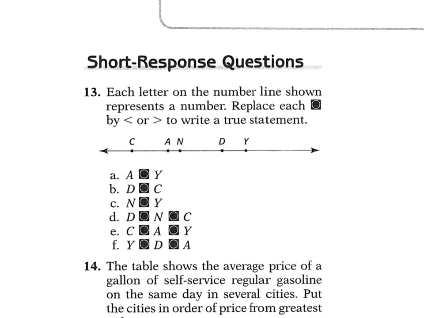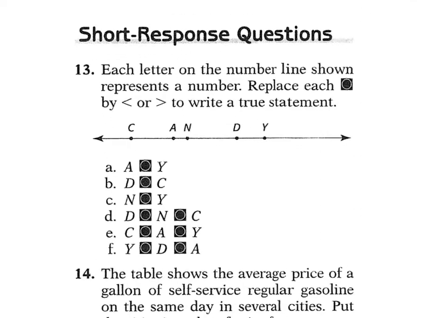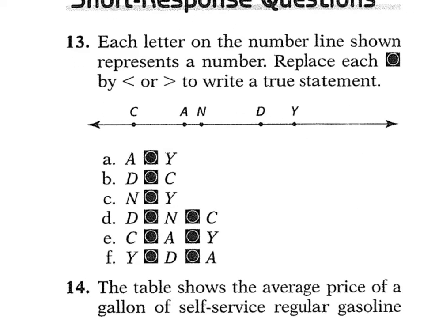For number 13, here we need to determine if it's greater than or less than just by using our number line. So we know that the bigger numbers are to the right and the smaller numbers are to the left.